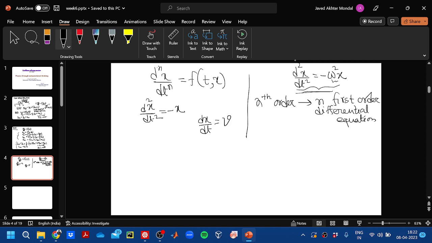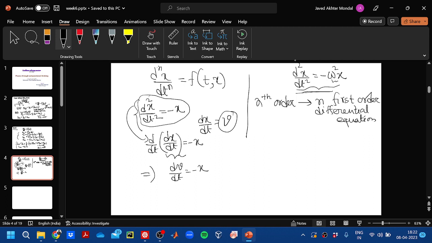So from this equation, we can write d/dt of dx/dt equal to minus x, and this is our new variable, so we can write it as dv/dt equal to minus x. So this is our initial equation, and from this second order differential equation, we got two equations. This is our one first order equation, and this is our second first order equation.